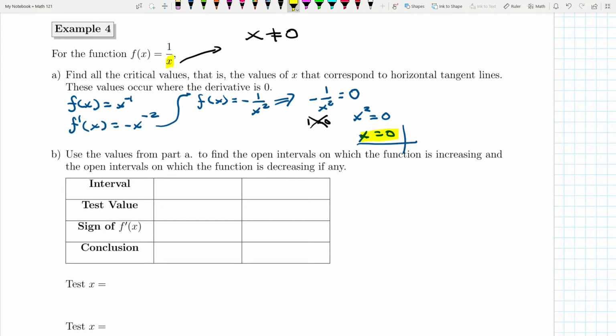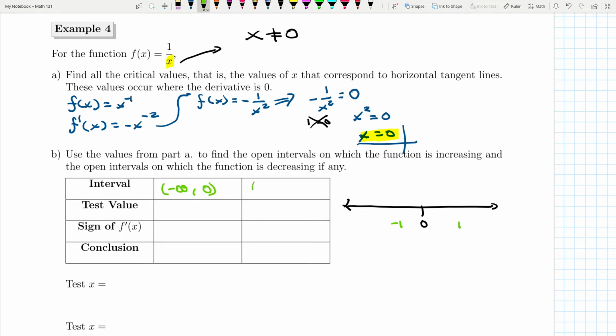So let's do the same that we did before. Let's do our number line, and the test values will be again negative 1 and 1, with intervals from negative infinity to 0 and 0 to infinity.